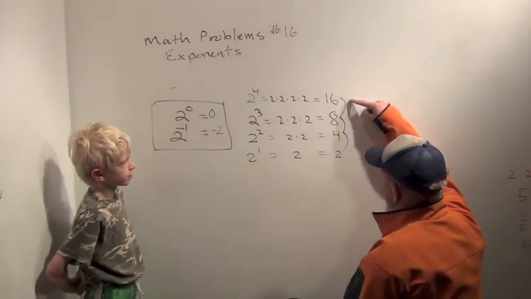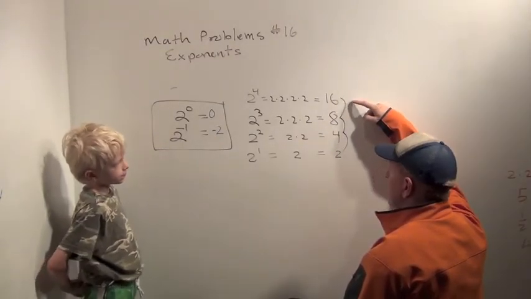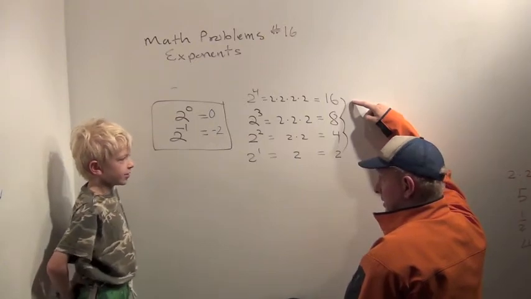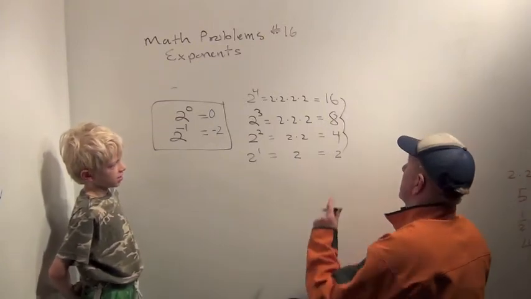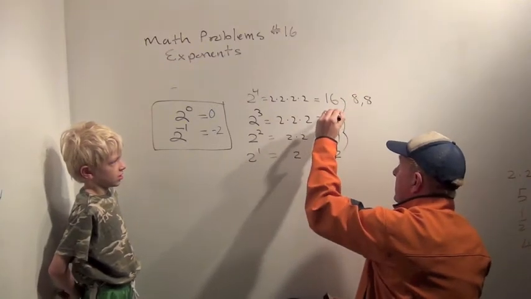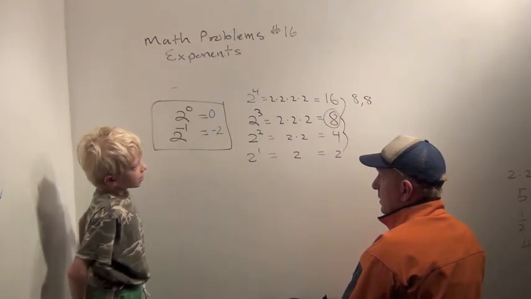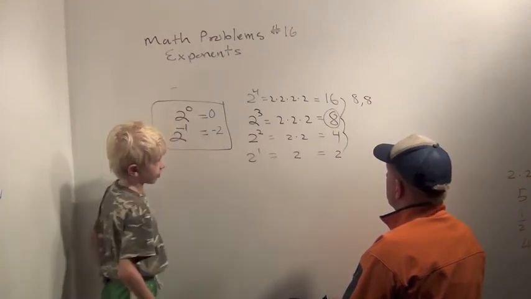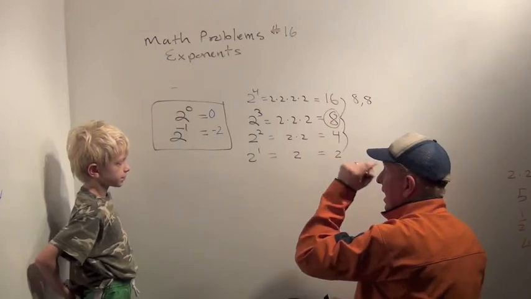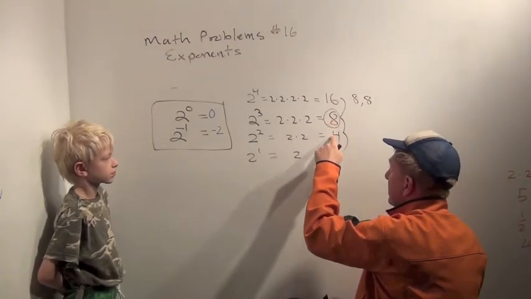So what do I do with 16 to get to 8? You cut it in half. Okay, what do I get when I cut it in half? You get 2 8s. And then how do I get this 8 here? You subtract 8 from 16. So I subtract the half. Yeah. Okay, what do I get when I subtract the half? I get 8. Okay, so how do I go from 8 to 4?